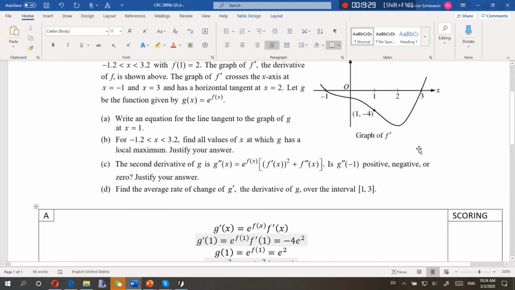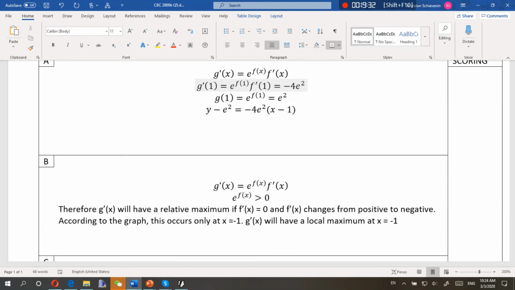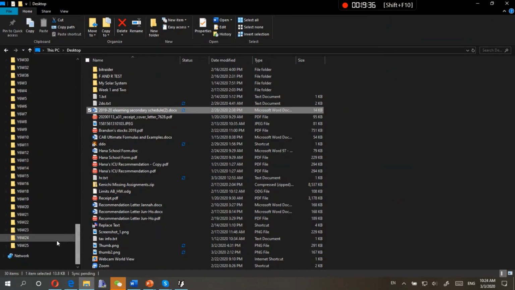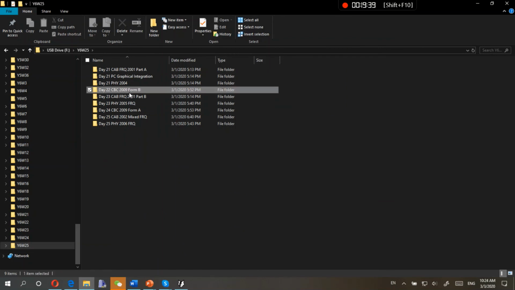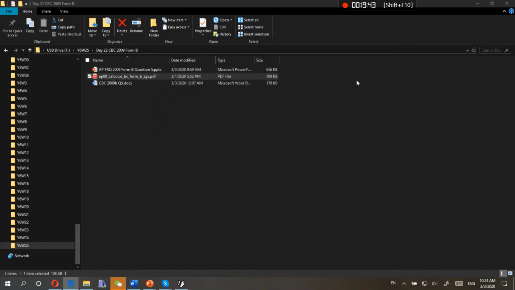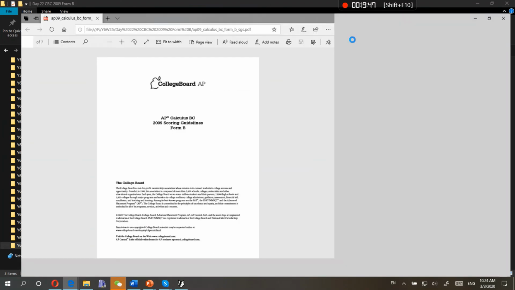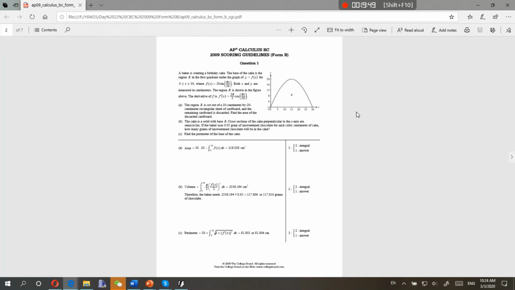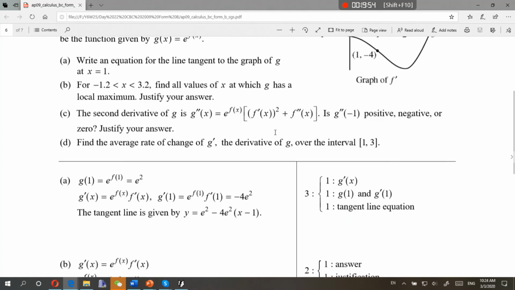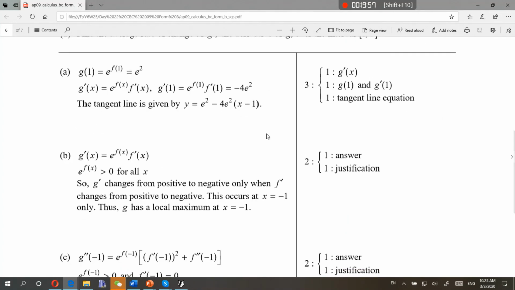Okay, that all looks good. So let's score really quick. Okay, so we've got tangent line, y minus e squared equals negative 4e squared times x minus 1.